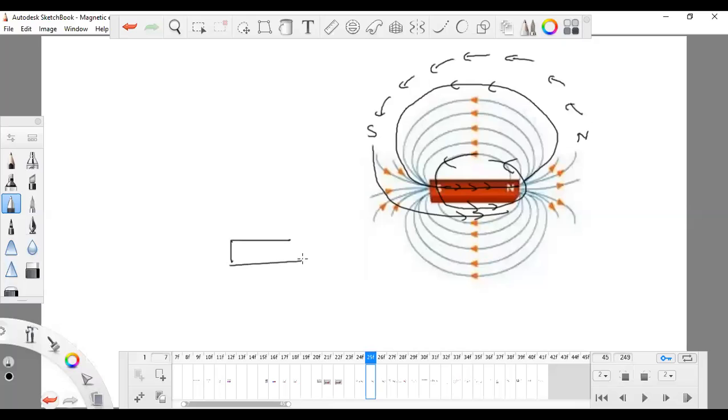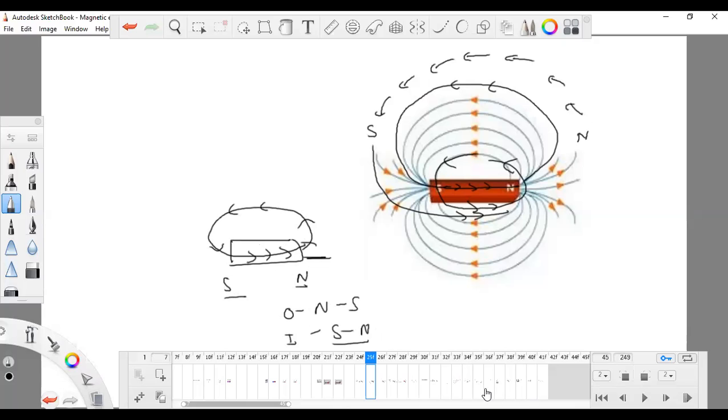So this is our magnet, and this is a complete circle. And the direction, don't forget, everything is about direction. If you forget this, then you cannot do anything with this chapter. So just remember the direction: north to south outside, and inside the magnet it is south to north.